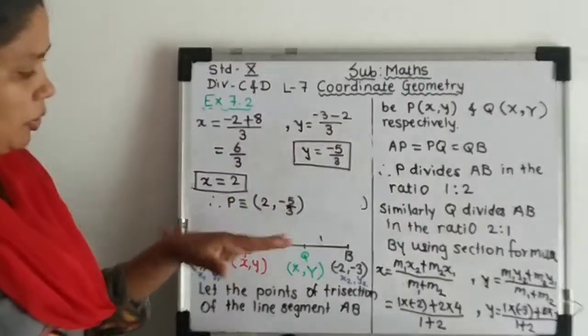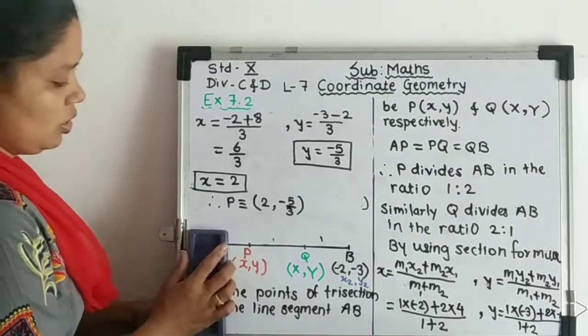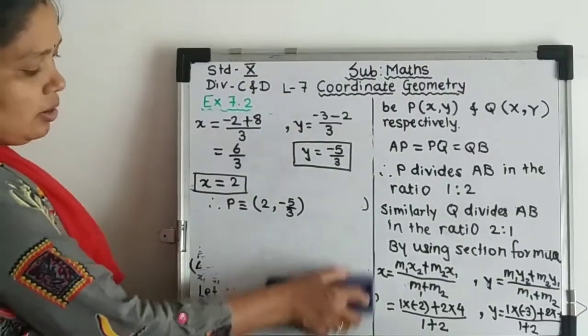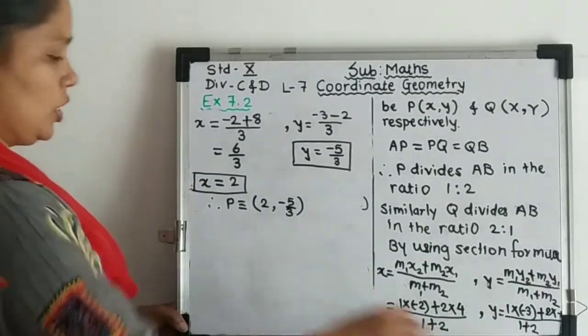Let us find out for the Q coordinate now. Understood this one up to P point? Now we will find out for Q coordinate. So our Q we have denoted by capital letter X. So we will take now X coordinate.